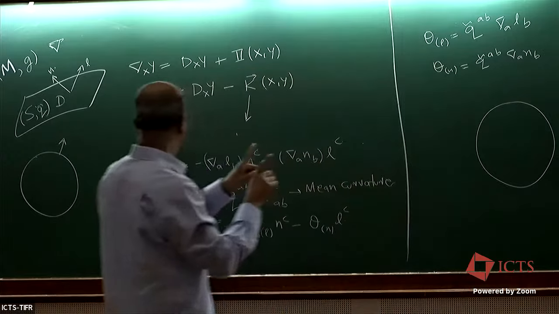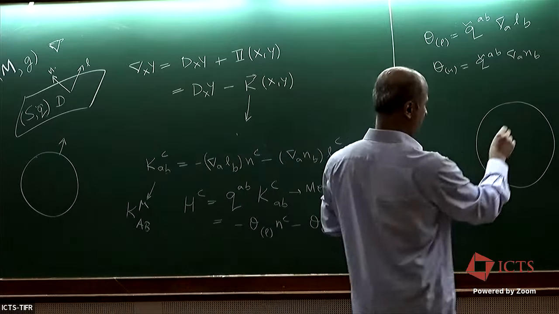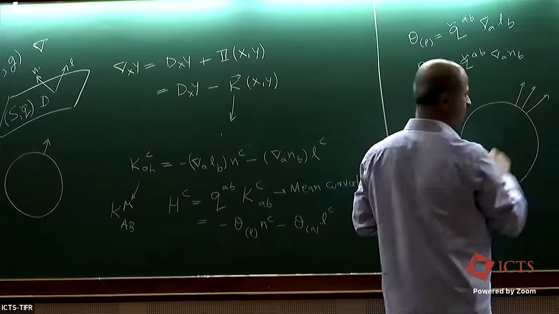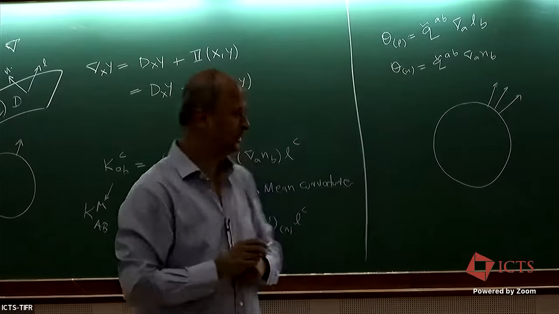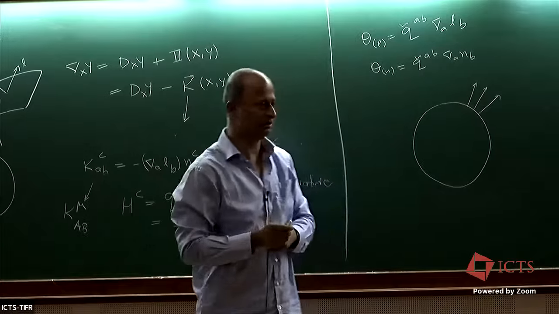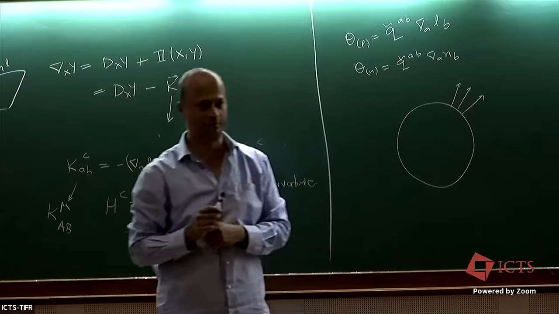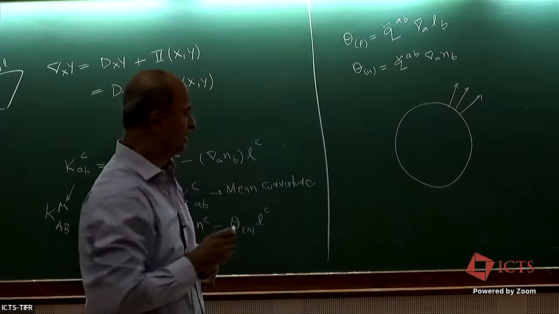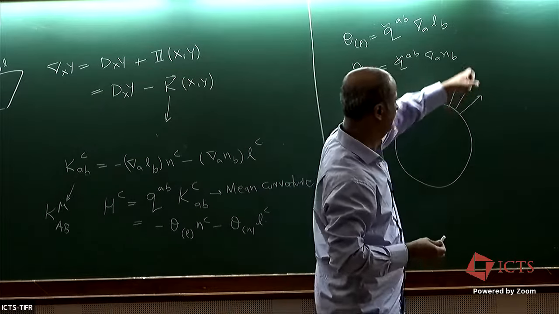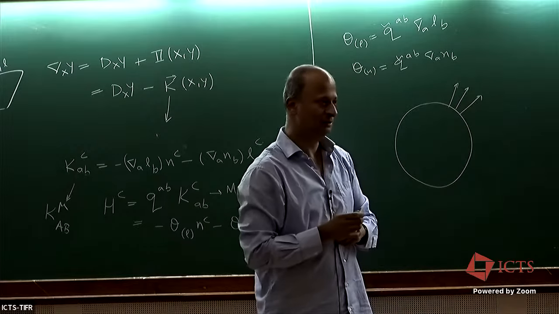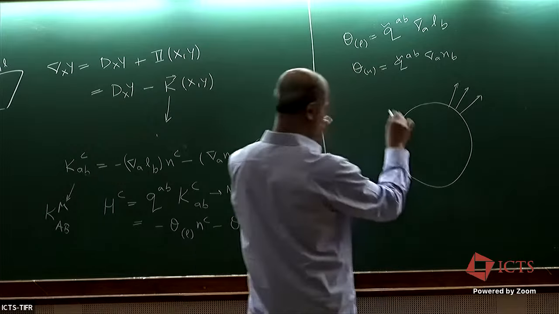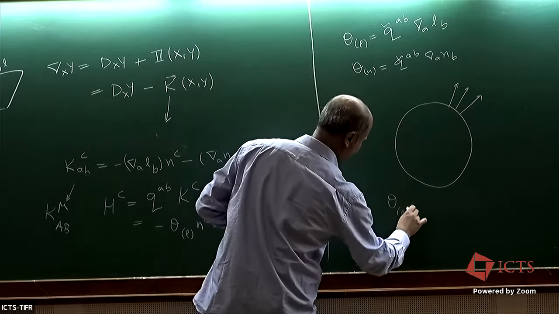Well, if I imagine shooting beams of light in the outgoing direction, then since the surface is bending convex in that direction, these light rays will diverge from each other, right? So for a normal sphere, the outgoing light rays will be expanding. So if I call that null direction L, then for this normal sphere, theta of L is positive.